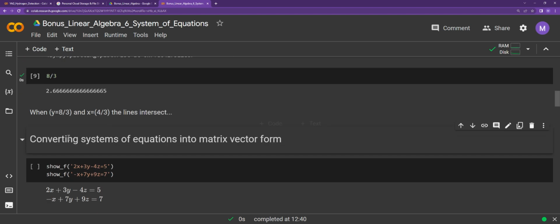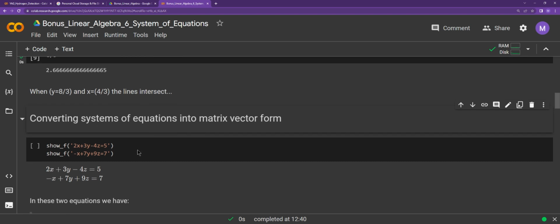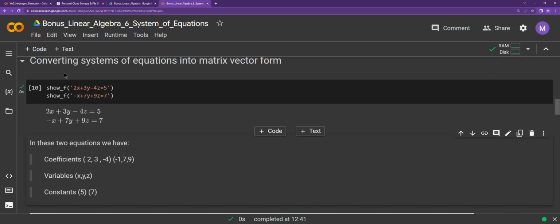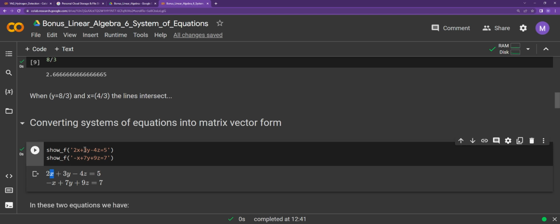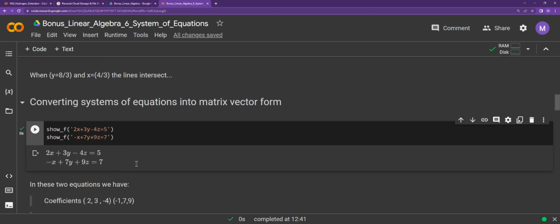Now, how do we convert a system of equations into a matrix form? Let's look at these two formulas. I'm using the showf function that I just showed, and remember I've already created x, y and z to be symbols, hence why I can do that. Now we have the first equation, which is 2x plus 3y minus 4z equals 5, and minus x plus 7y plus 9z equals 7.